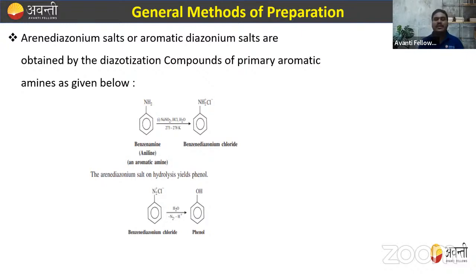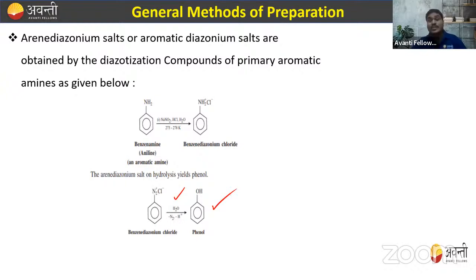Then we have the formation of BDC, that is N2Cl. This N2Cl, when reacted with warm water, forms phenol, right?